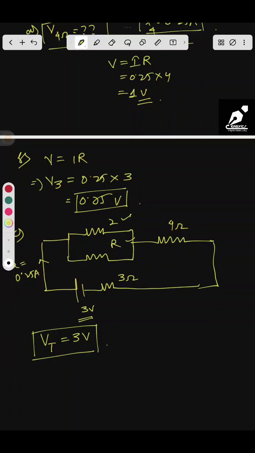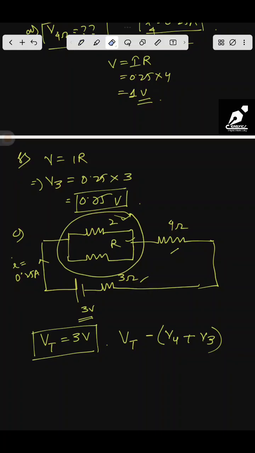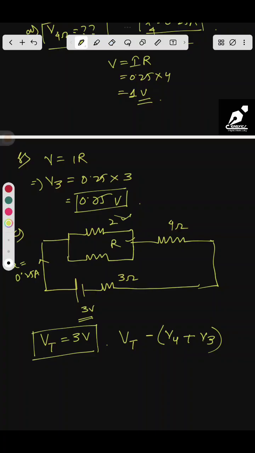Okay, then we are asked to find out what is the potential consumed by this one. The potential consumed by this one will be total potential minus potential consumed by this 4 ohm resistance plus potential consumed by this 3 ohm resistance, right? The total potential will be consumed by this combination, this one and this one.